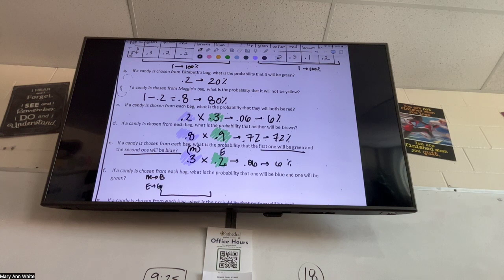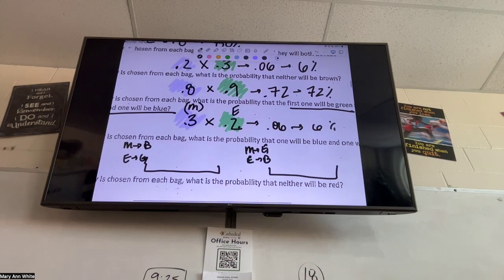I'm okay with that situation, so we're gonna indicate that right here. I'm also okay if we get a green from Maggie and we get a blue from Elizabeth. And my letters are terrible there. So I'm okay if we can get a green from either one of them, and I'm okay if we get a blue from either one of them.